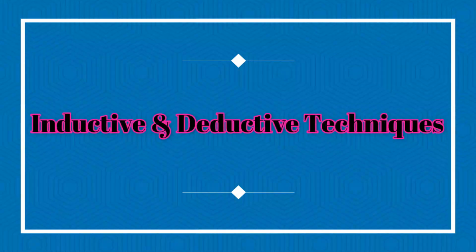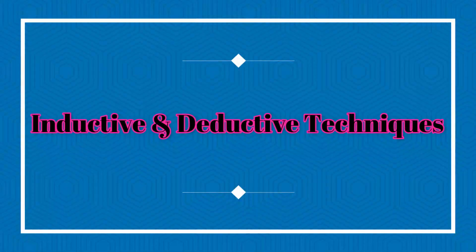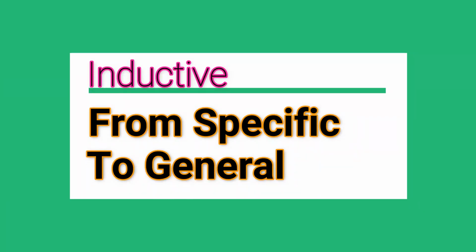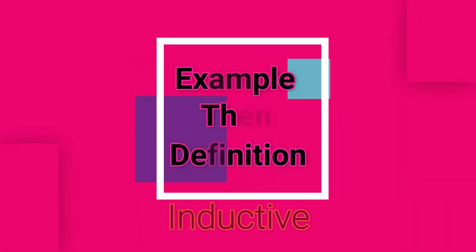What is inductive and deductive technique? There are two major techniques of teaching. One is called inductive technique and the other is called deductive technique. Deductive technique is a technique in which you go from general to specific, while inductive technique is from specific to general. For example, in teaching of grammar, when you use inductive technique, what will you do?